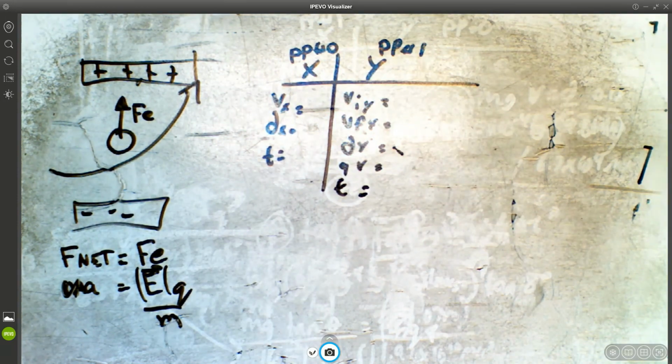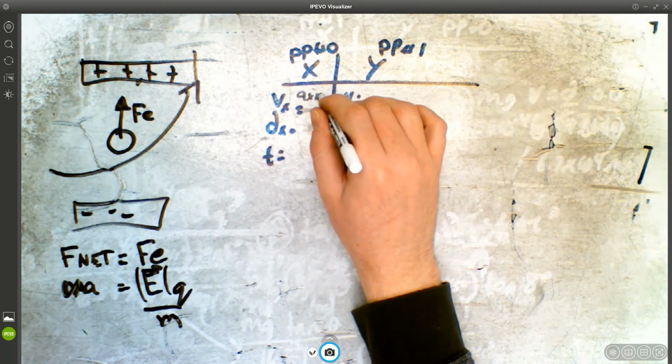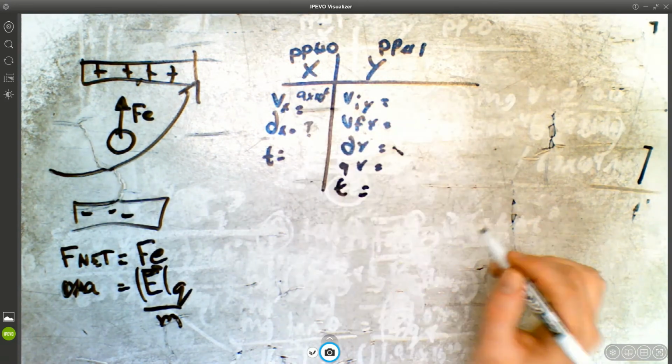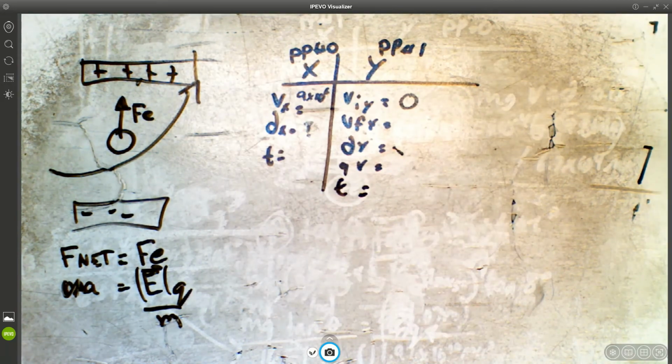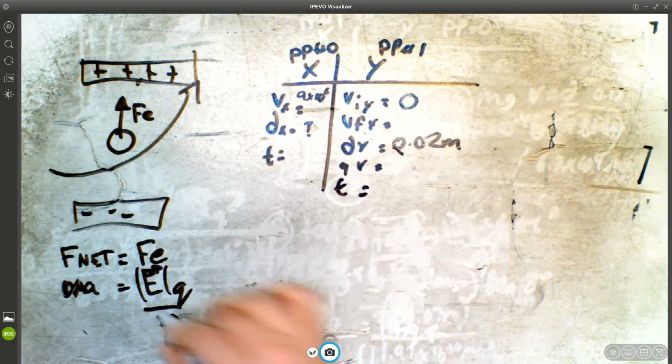Right, so we know the initial speed, 9 times 10 to the 6. We're trying to find this in the X. So we need time. So in the Y, its initial velocity is 0. The distance it moves in the Y is 2 centimeters. And then we'll need the acceleration from this.